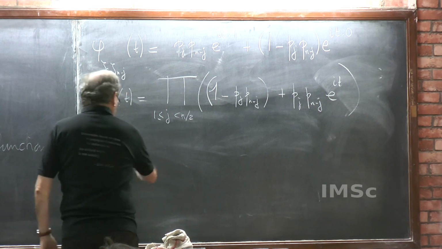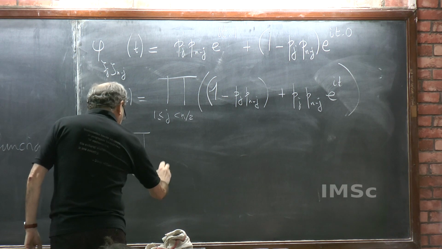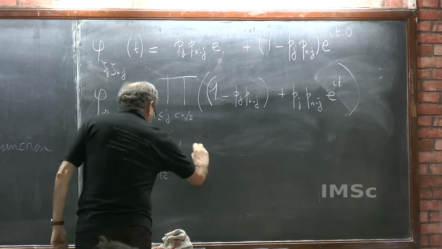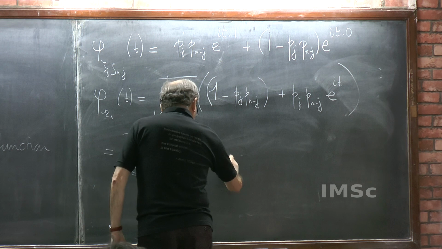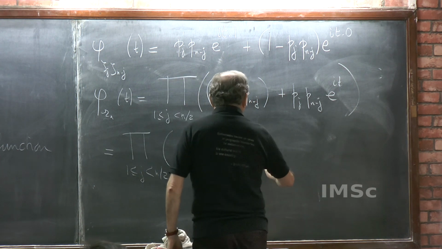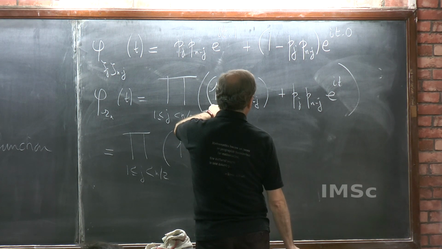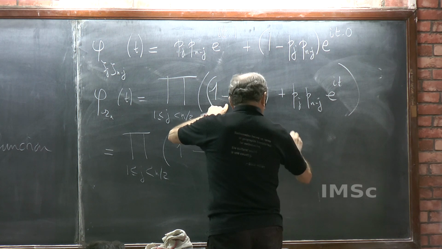This term is a small term, so I would rather like to write it like that: the product over j up to n over 2 of something which is 1 minus p_j p_{n-j} times something which is 1 minus e to the it.